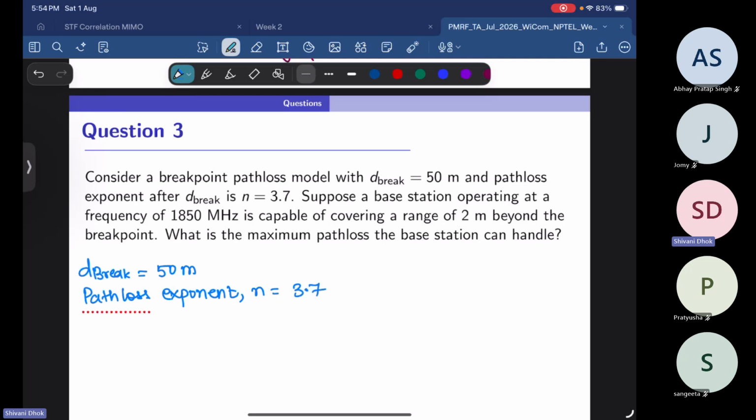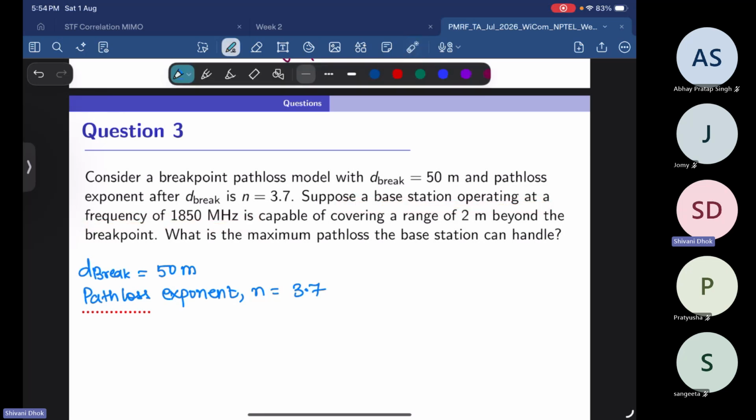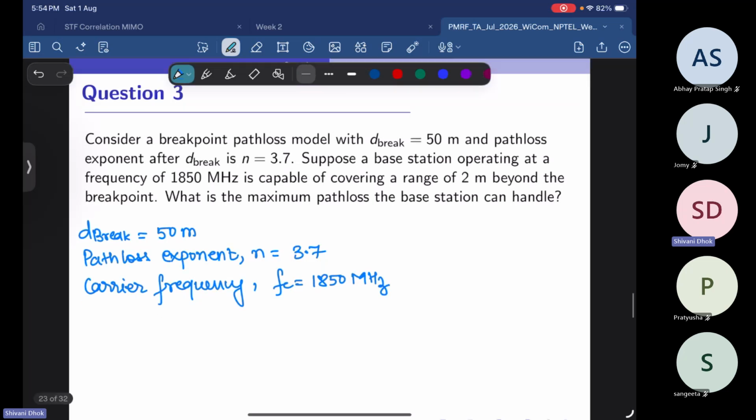Suppose a base station is operating at a carrier frequency of 1850 megahertz. So the carrier frequency is 1850 megahertz, and it is capable of covering a range of 2 meters beyond the breakpoint.